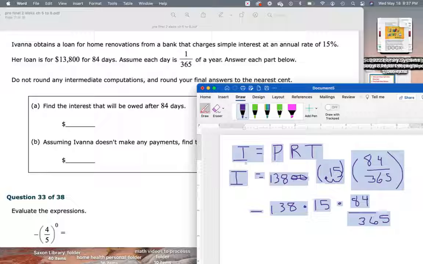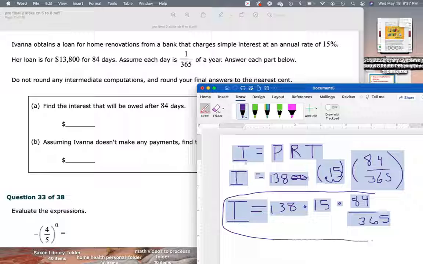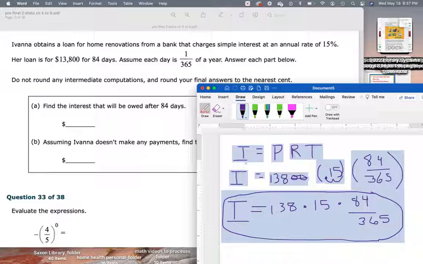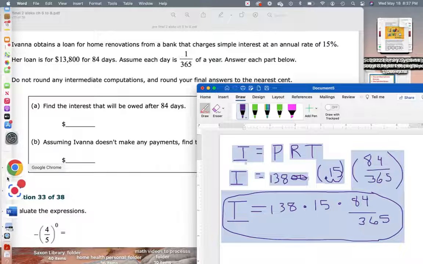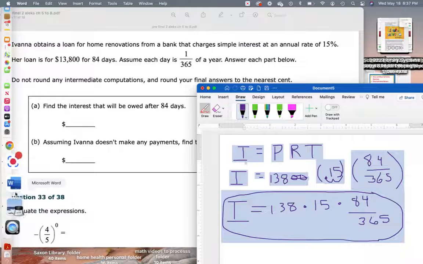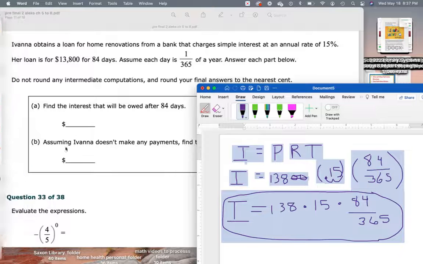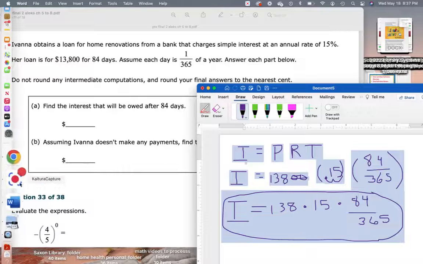Now, if I was giving you that for a final problem, I would probably allow you to leave it just like that, because you've really set up the problem and you've done everything except for this calculation. Okay, so let me just get my calculator real quick because I don't want to waste time on this.